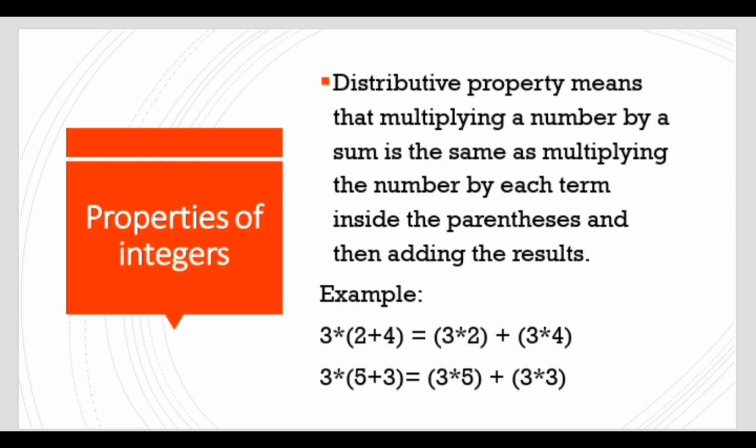And this can only happen if there is a multiplication involved. But suppose you had 3 plus bracket 2 plus 4, it won't be distributive, whereas it's going to be associative.